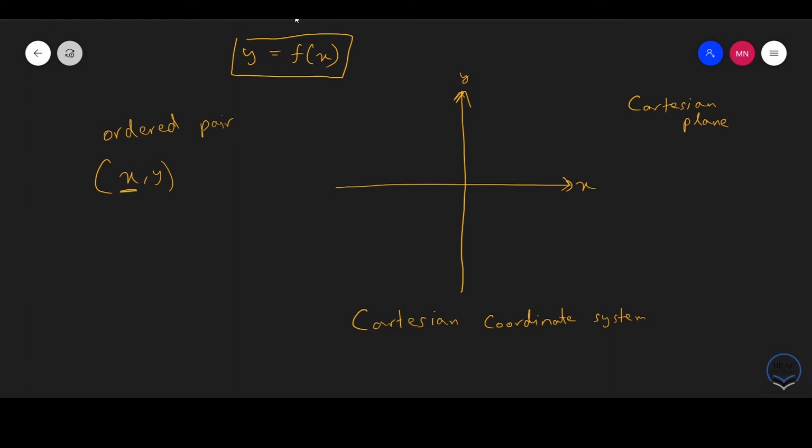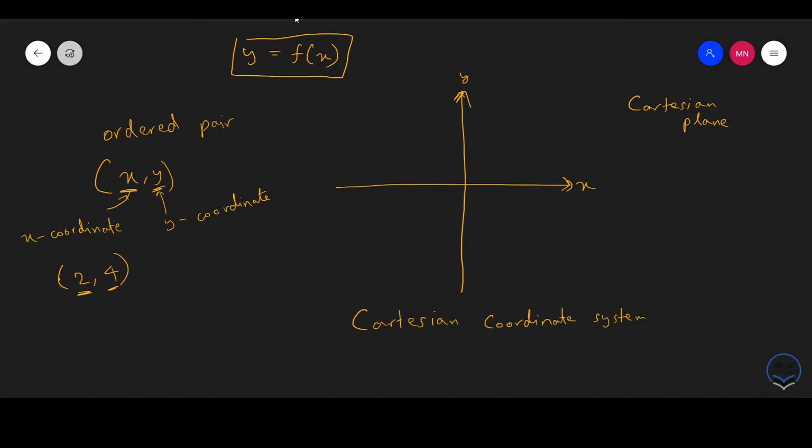The first element is our x coordinate, and our second element is the y coordinate. For example, if we had a point like this where we had 2, 4, in this case, our x coordinate is 2, our y coordinate is 4, right?